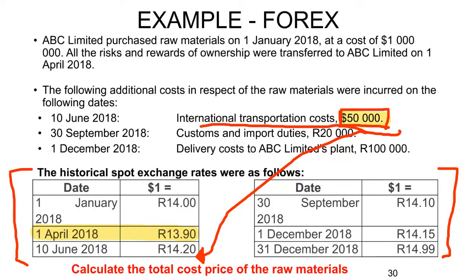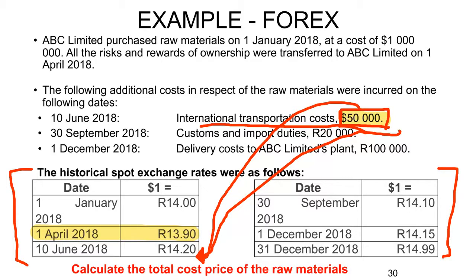And because it was incurred on the 10th of June only, we must then use the 10th of June rate. So the cost of the asset will be the price from when it was incurred, not the price that was later paid. Yes, the cost of the asset will be the cost at transaction date, right? And here transaction date is 1 April.